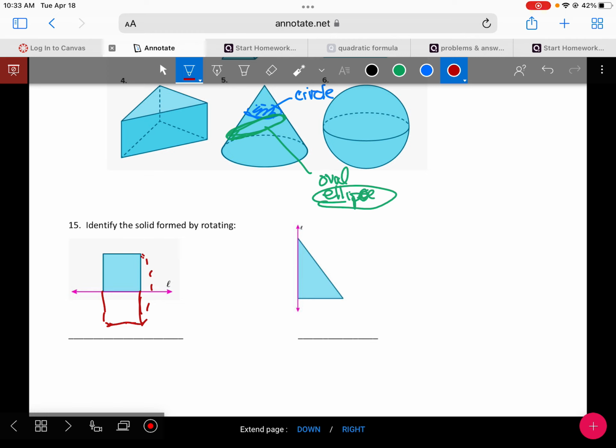Rotate 360 degrees, yes. What about the second figure? If I rotate that triangle, that is a cone.